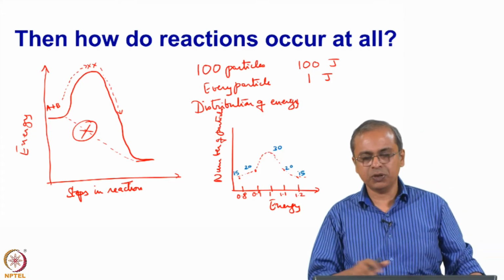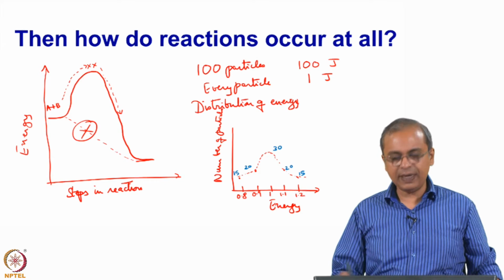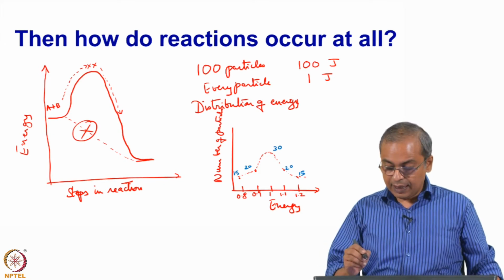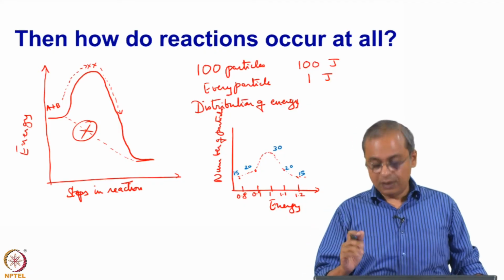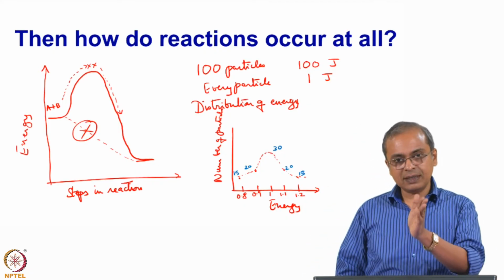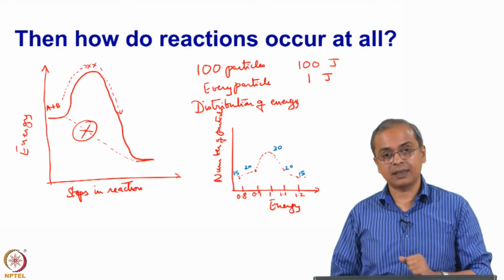The distribution would have to be done differently, but I am just taking some discrete points on this distribution. So, if the barrier was 1.2 joules, then only 15 particles at any given instant of time have the energy to be able to do this jump.